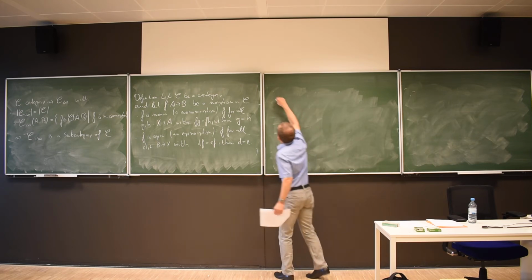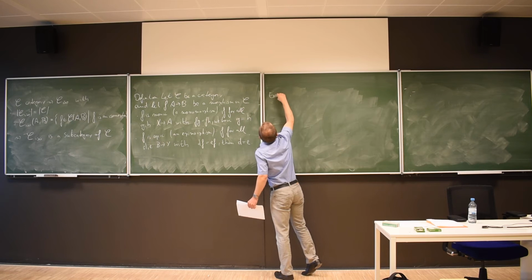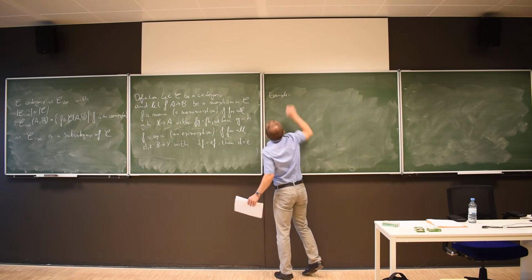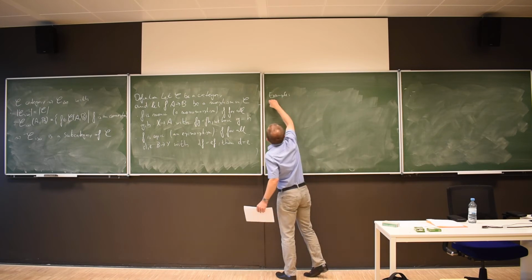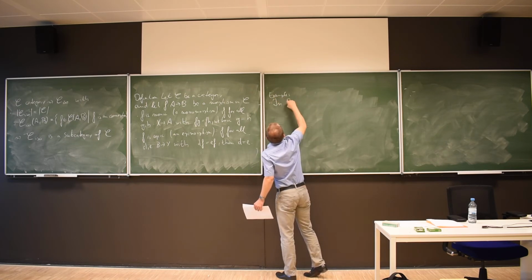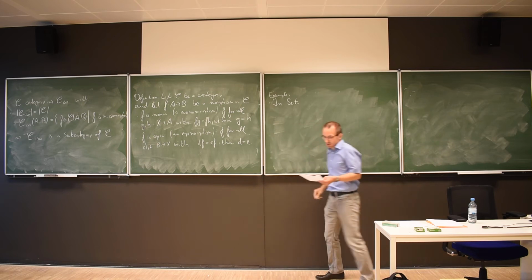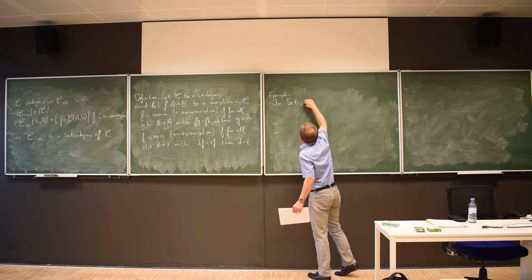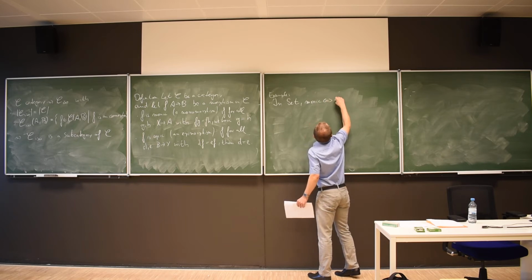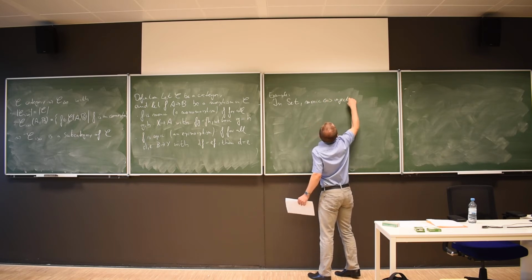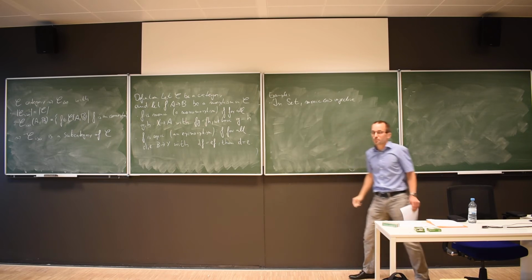Let's look at what this means in examples. Our first example is the category of sets. So in the category of sets that I discussed earlier, we have that monic is equivalent to injective.